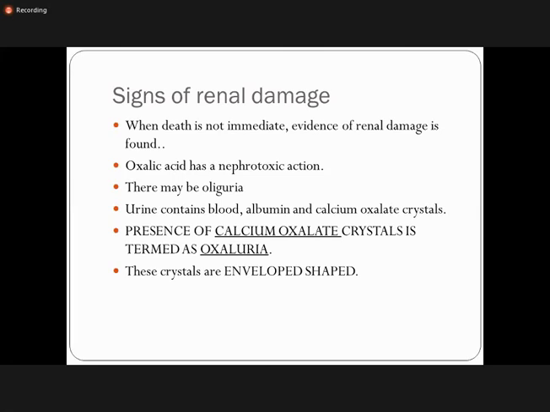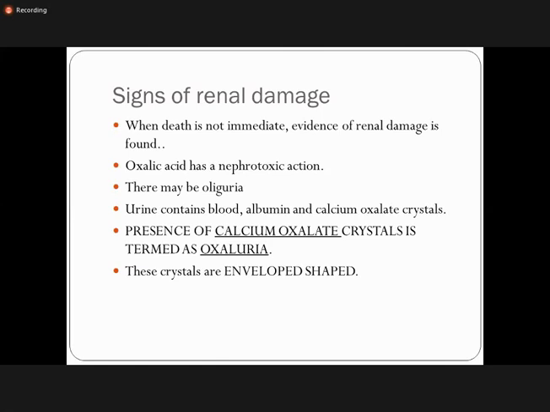Now, the urine that's coming out has calcium oxalate crystals in it, right? And this urine would be termed as oxaluria, the presence of calcium oxalate, all right? These calcium oxalate crystals are envelope shaped.